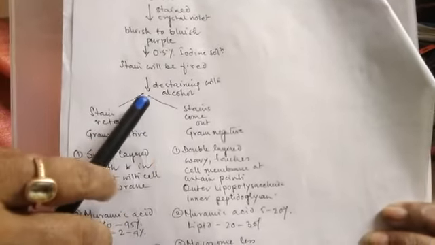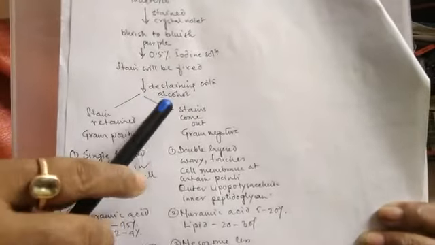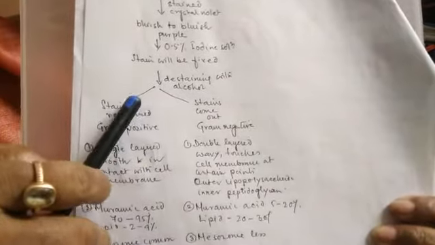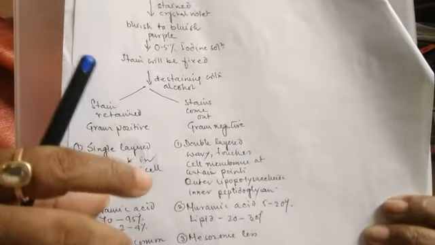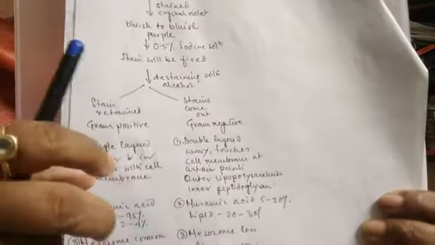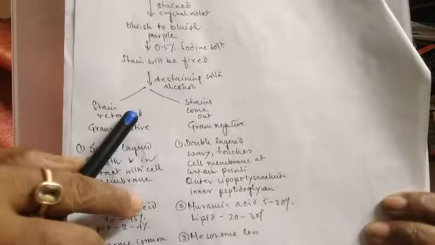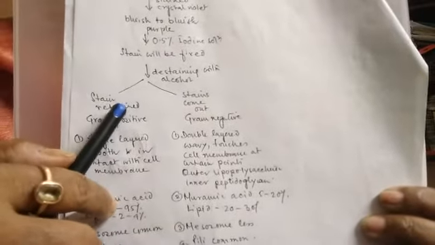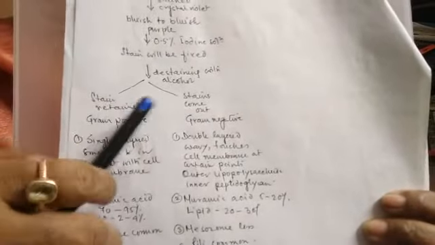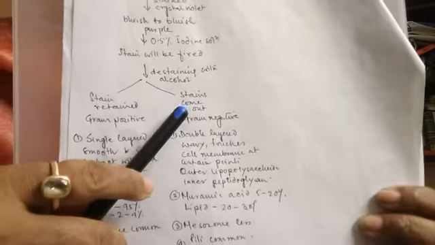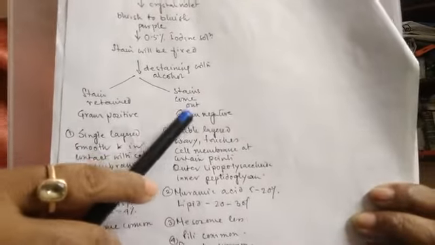Now what happens when they are washed with alcohol? A certain type of bacteria retain the stain, and they remain purple violet. But the other group of bacteria release the stain.